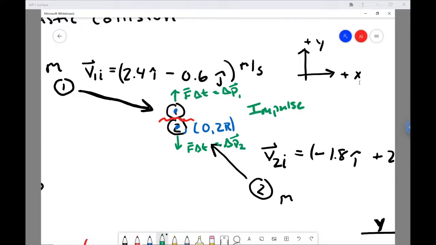Ball 1 is going to get ball 2's initial velocity in the y direction. And ball 2 is going to get ball 1's initial velocity in the y direction. And that's correct. So their horizontal velocities are unchanged and their vertical velocities are switched.